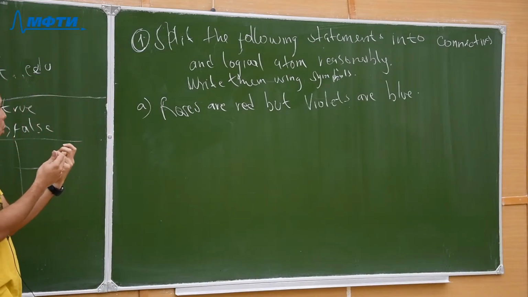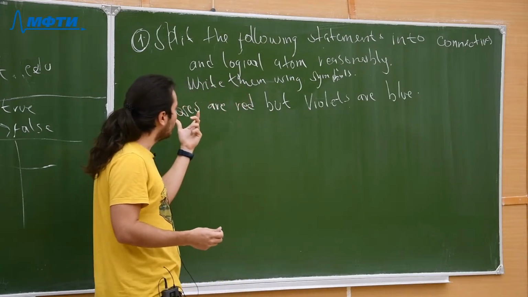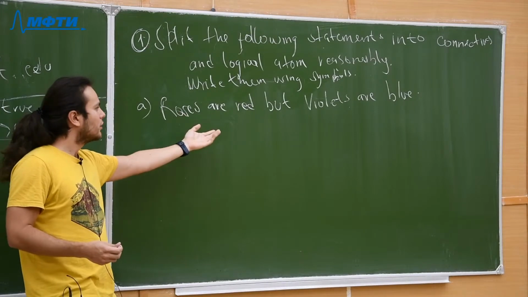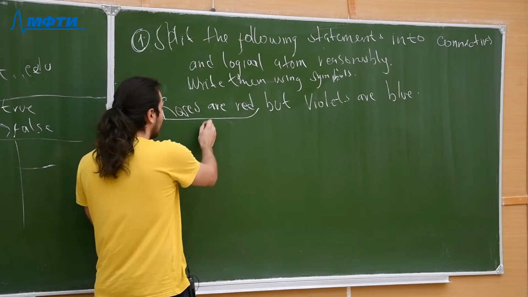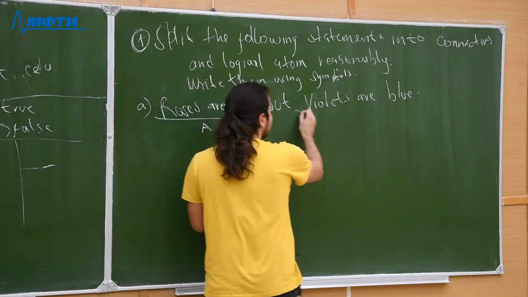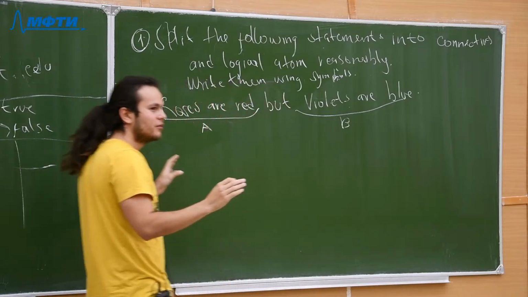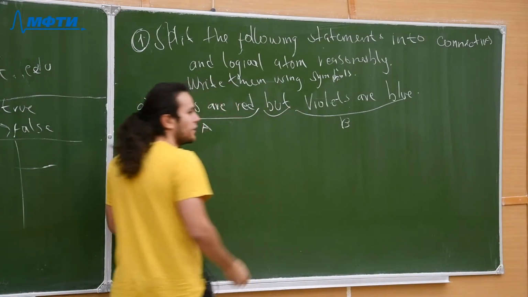Roses are red. This is one statement, A. Violets are blue, B. These are two different statements, and we have a connective here.